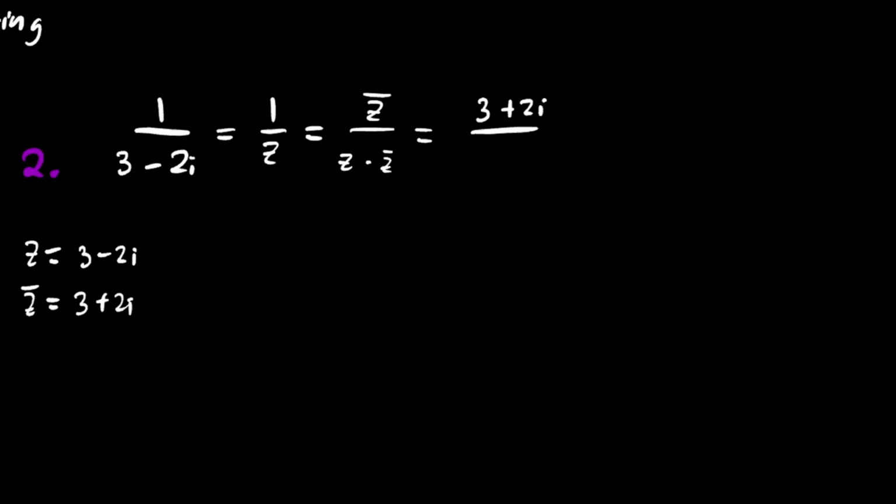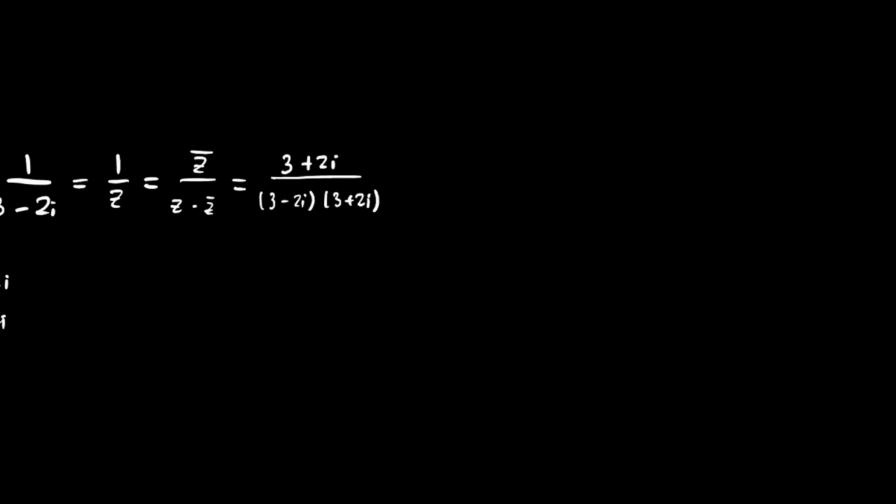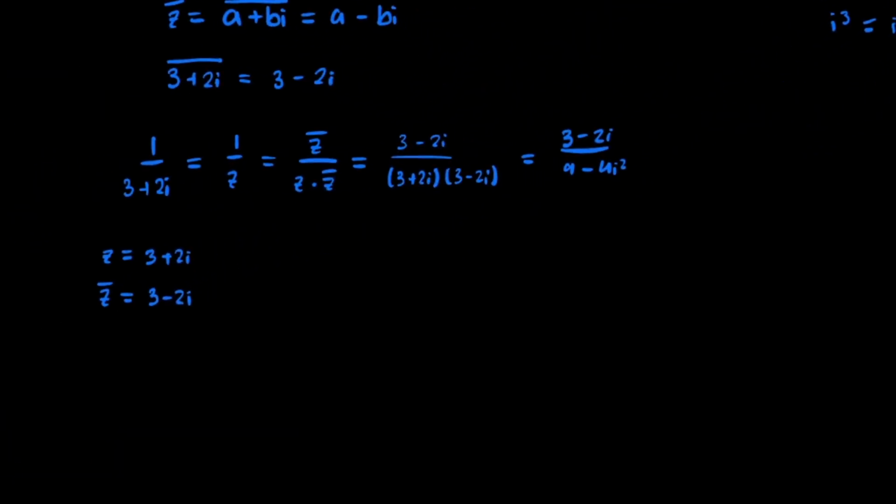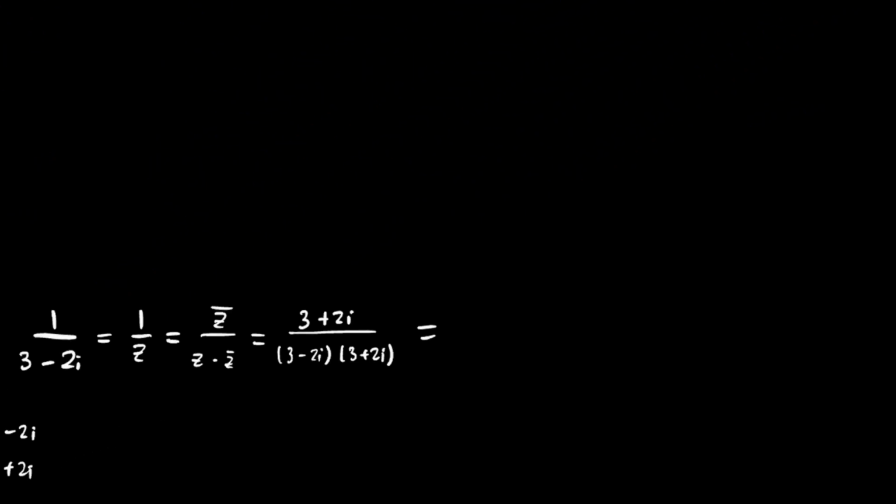Now I'm simply going to make this a bit bigger. So, 3 minus 2i and 3 plus 2i, right? This is basically what we just did earlier over here.